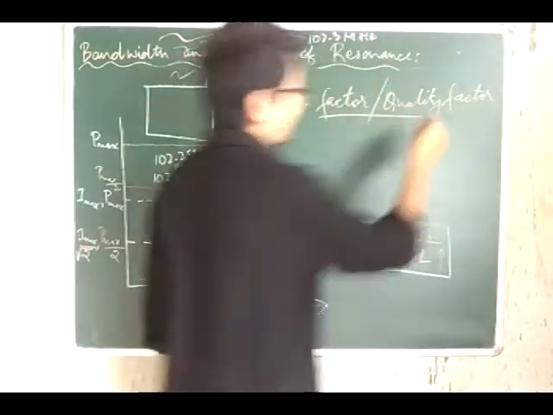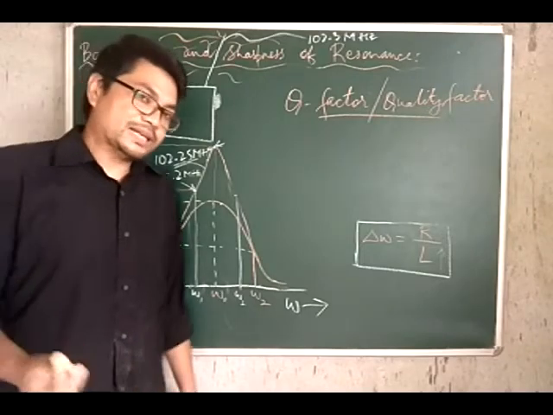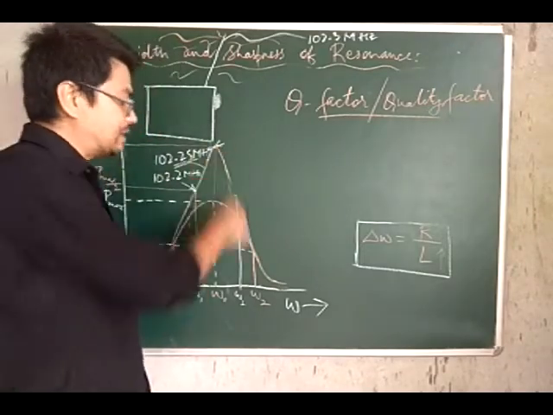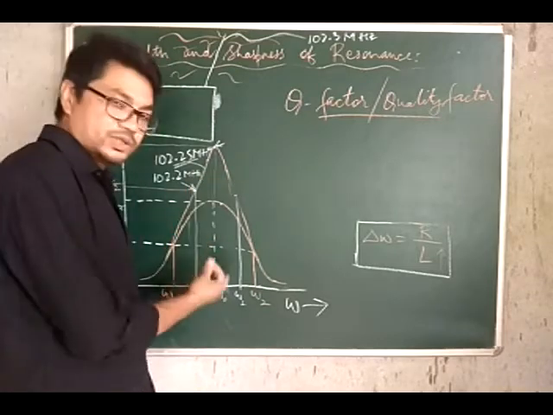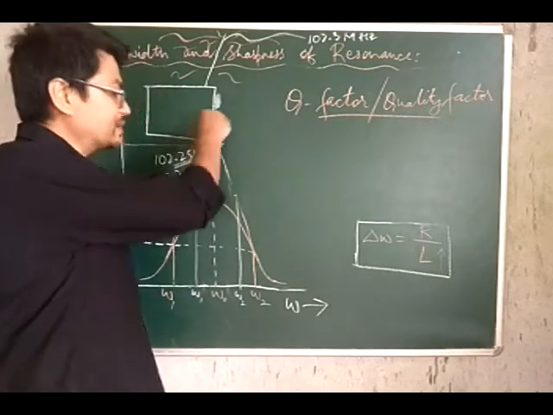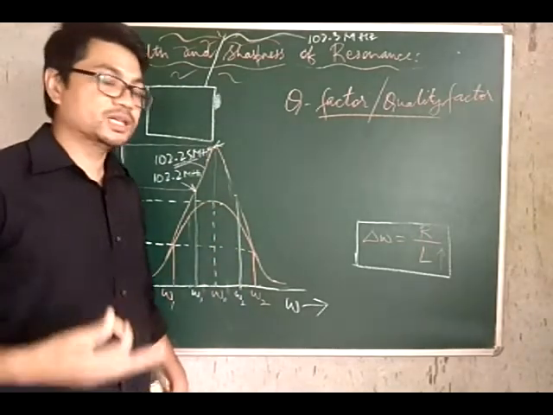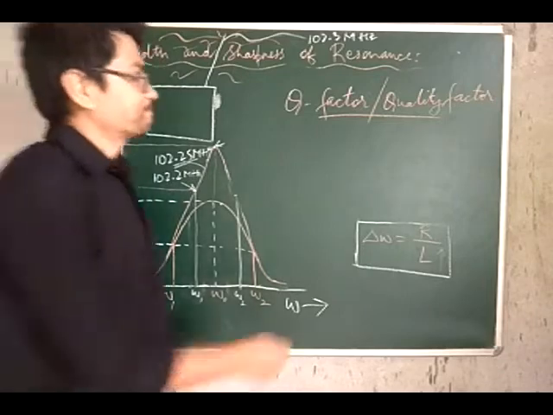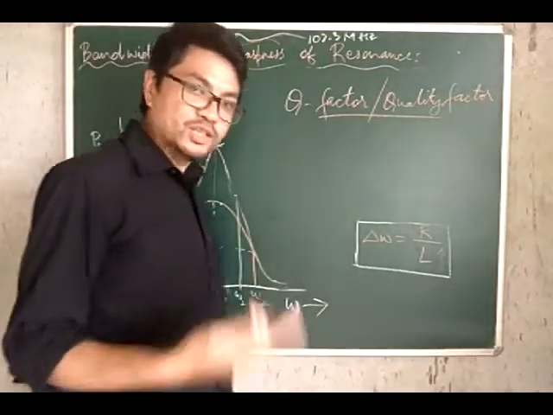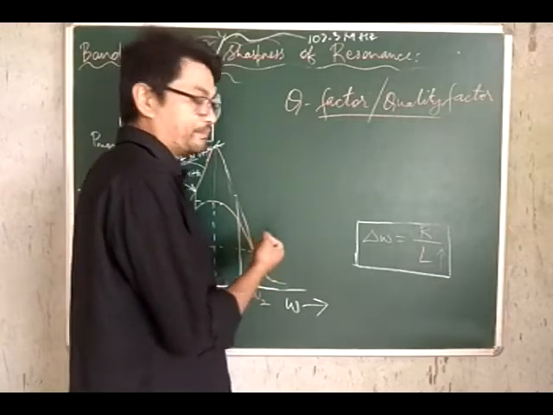Now what does the quality factor give you? Like I already told, it gives us an idea about how sharp or how flat the curve is, and we've come to know that sharper the curve, sharper the peak, better the quality, better the resonance. So obviously we would like to have a good quality factor, Q factor so to say.